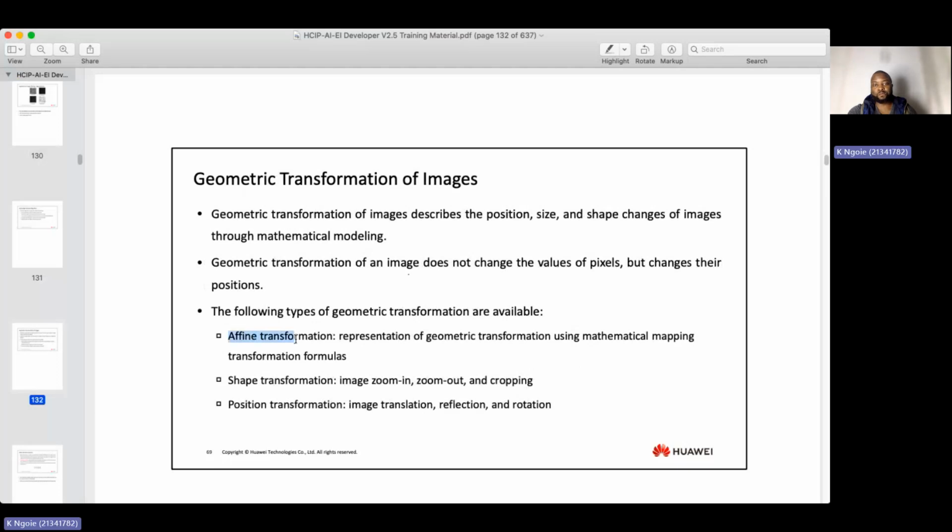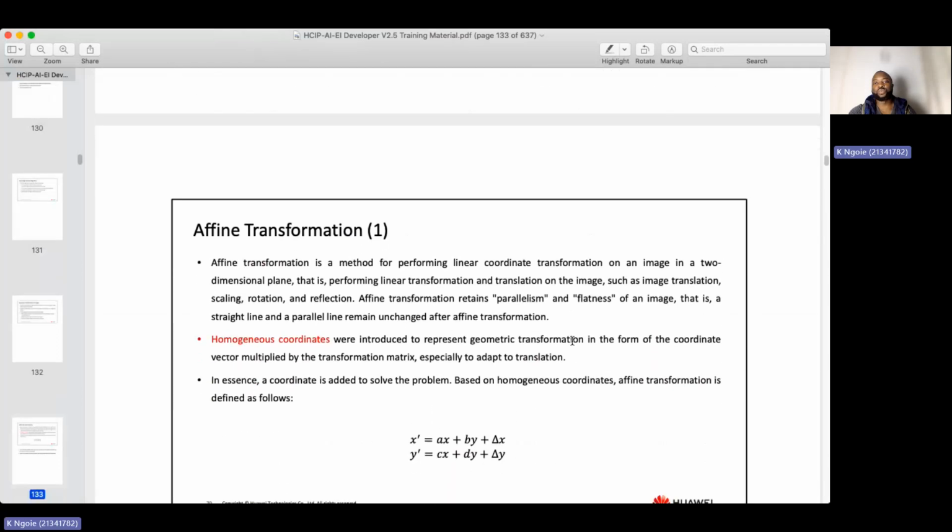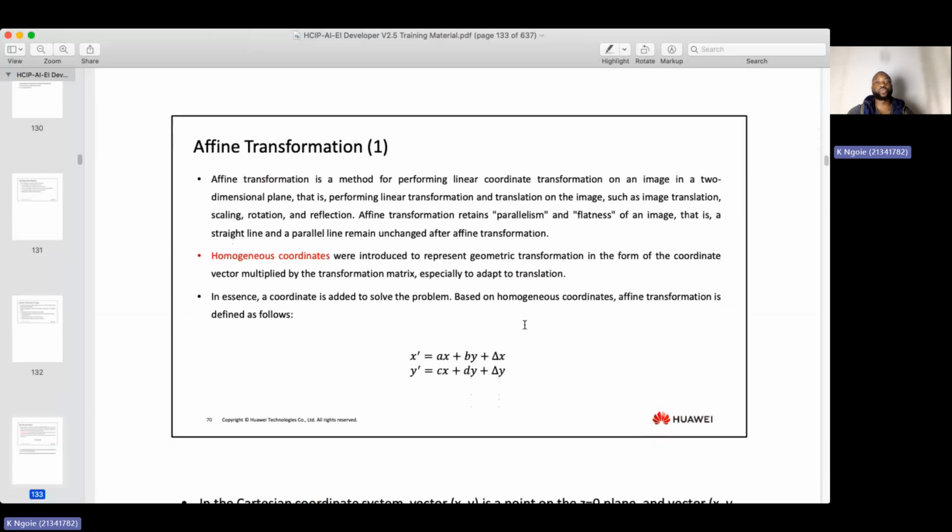Very important to note: the affine transformation, which we're going to talk about today, is the method we're going to use for geometric transformation, but in this case we're going to perform a linear coordinate transformation. So we're looking at the coordinates of the sizes of the picture, transforming the linear coordinates on an image which is in 2 dimensions.